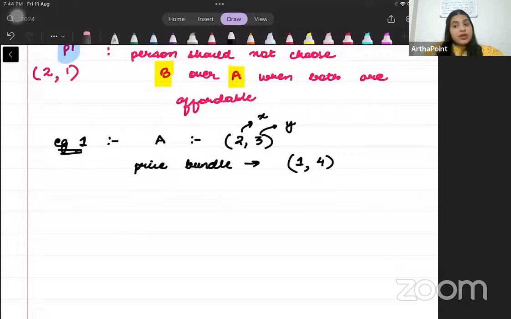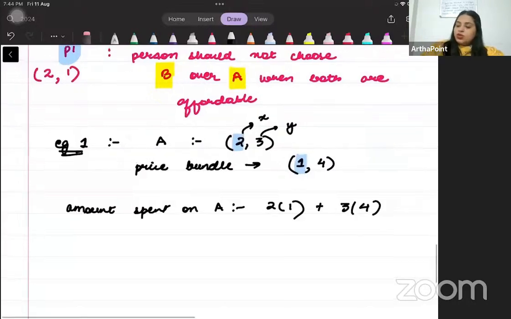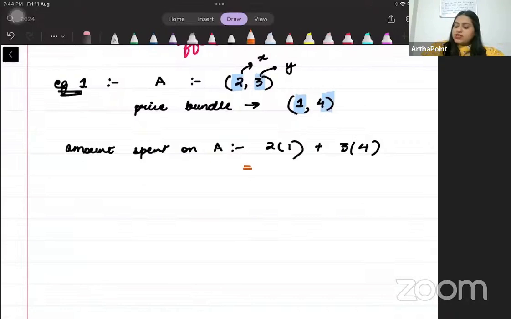Then how much are you spending on A? The amount spent on A is 2 into 1 units of X into price of X, plus 3 into 4 units of Y into price of Y. So beta, this will come down as 2 plus 12, which is 14.